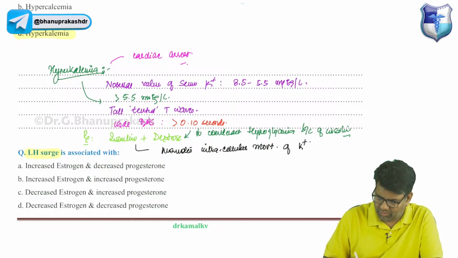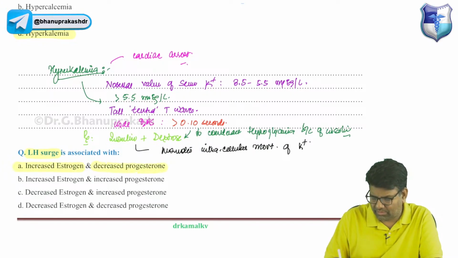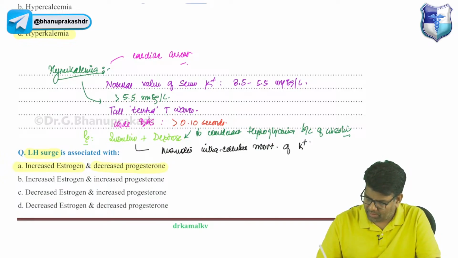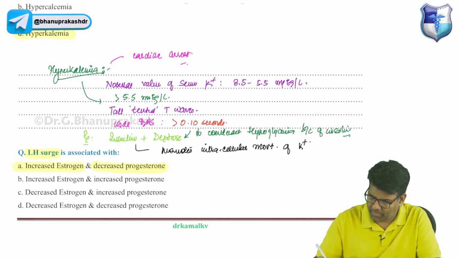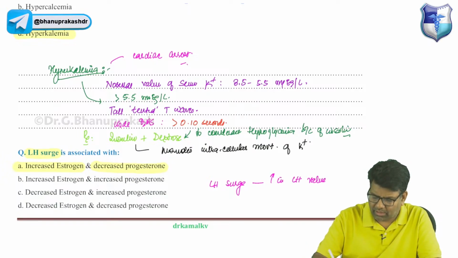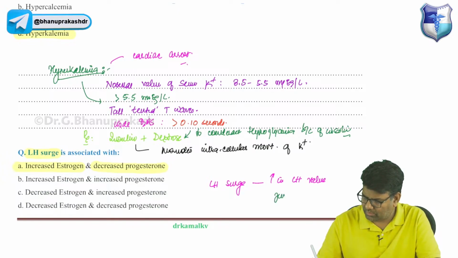LH surge, what will you see? There is increase in estrogen and there is low progesterone. Now, if you remember, LH surge means there is a peak in LH value, and this occurs just before ovulation.